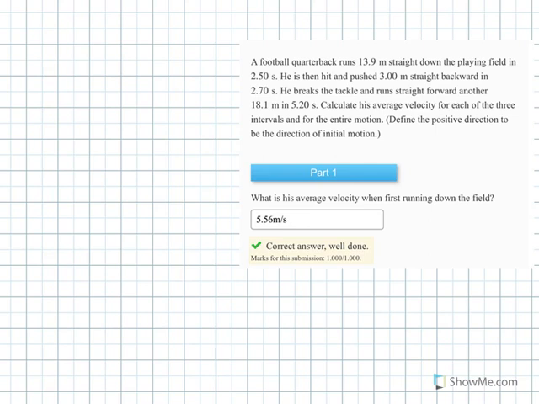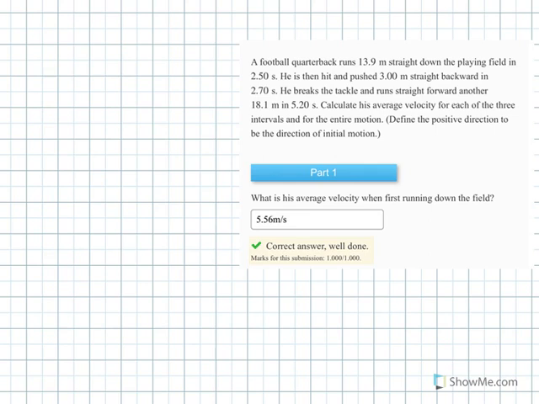He's hit, pushed back, breaks free, runs forward, etc. And you're given the displacement and time for each of those events. They want you to find his average speed for each of the 3 intervals and then for the entire motion. And they tell you that the positive direction is the initial direction of motion.